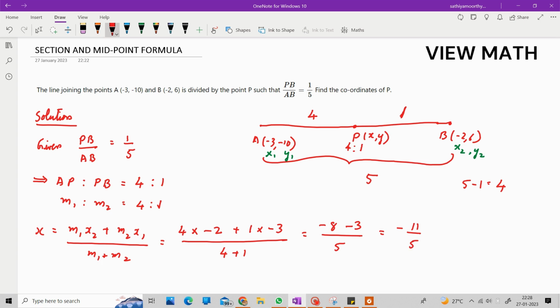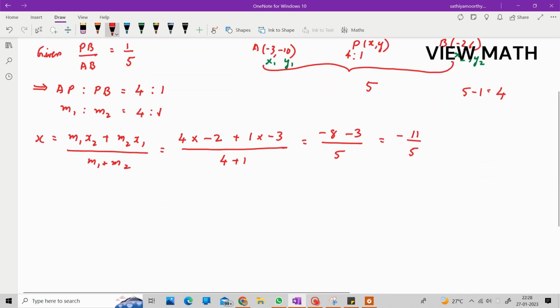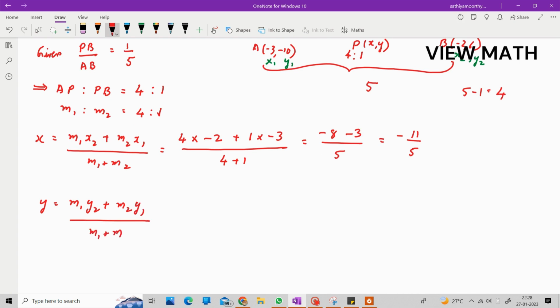So the x coordinate we have found out. Now let me find the y coordinate. Y is equal to M1 y2 plus M2 y1 by M1 plus M2. Now let me substitute. M1 is 4, y2 is 6, plus M2 is 1 and y1 is minus 10, divided by 4 plus 1.